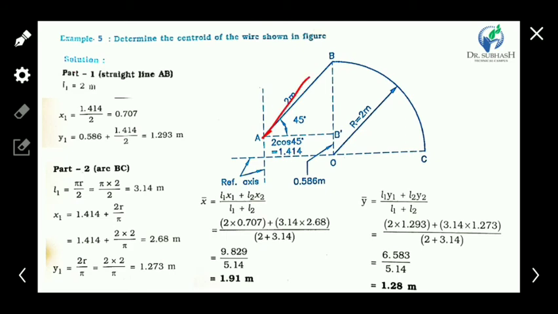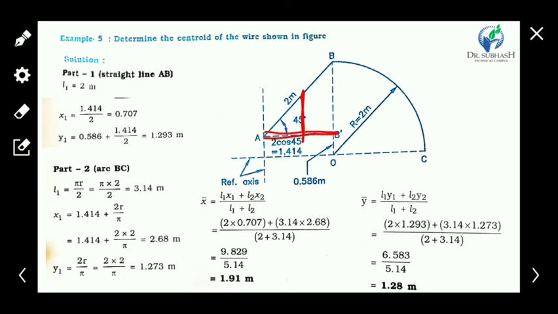Now consider the straight line element AB. The length of the element is 2 meter. The CG of AB is in the middle, so this slant length is 1 meter, and we have to find the vertical distance from the reference point. This distance is given as 0.586, and we have to find the distance of the CG of AB to this line.